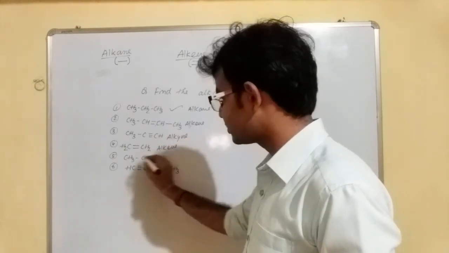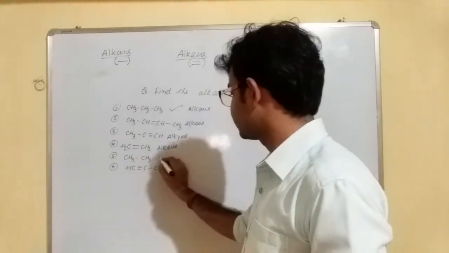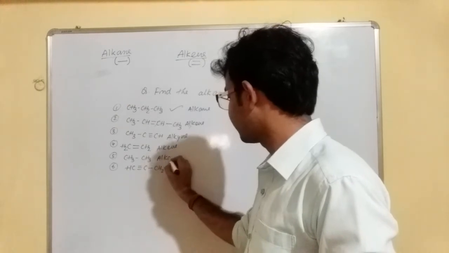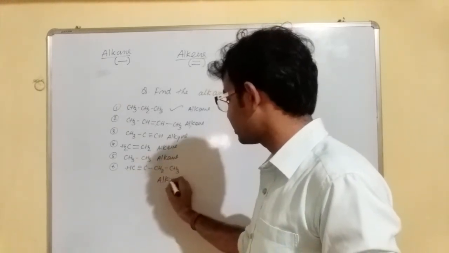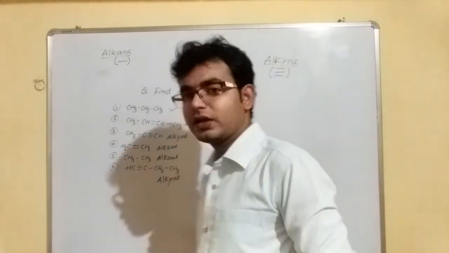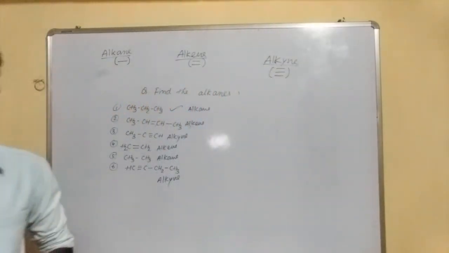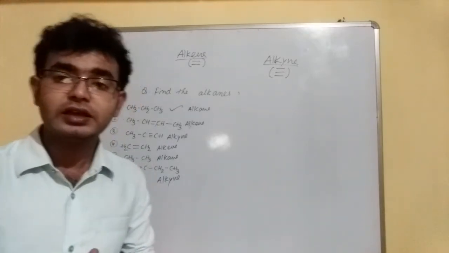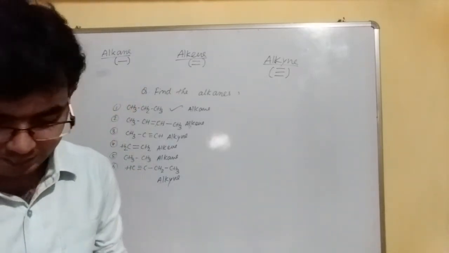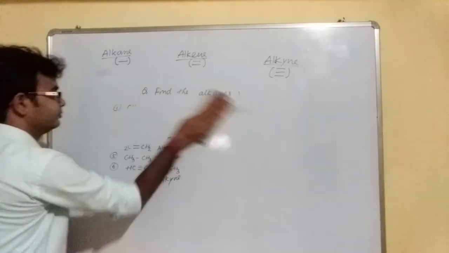Here only single bonds are there in between two carbon atoms, so this one is alkane. Here a triple bond is present, so this one is alkyne. Now from the structure you can easily identify whether the given compound is alkane, alkene or alkyne.